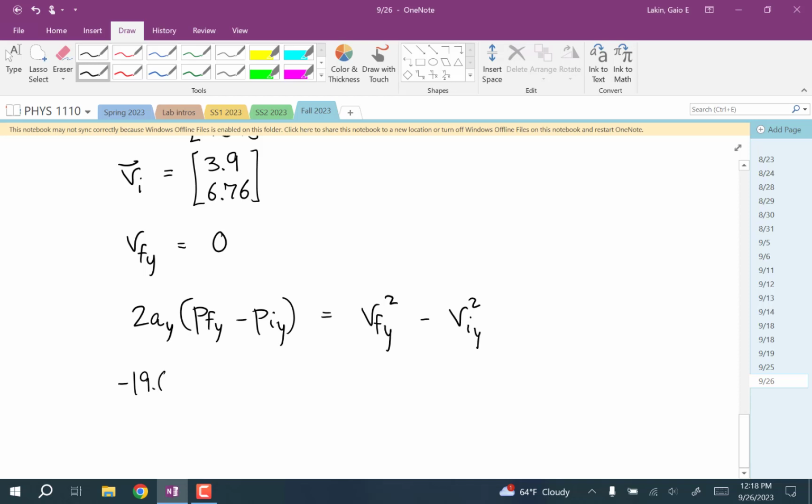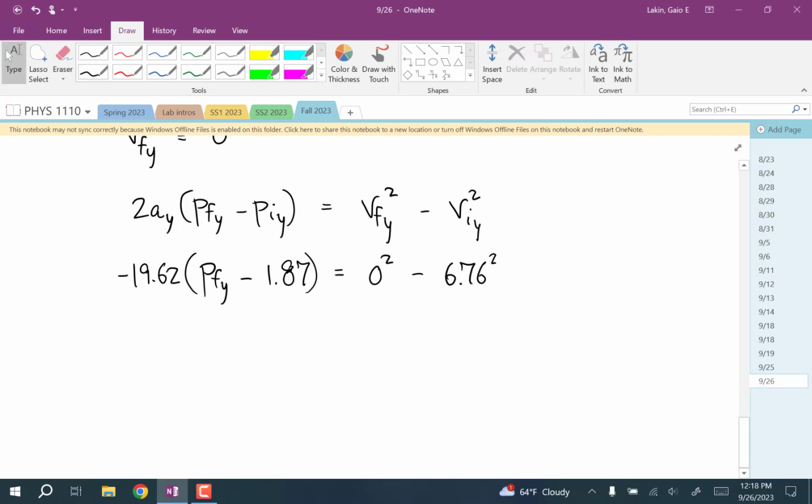So negative 19.62 times the quantity PFY minus 1.87 is equal to 0 squared minus 6.76 squared. So PFY minus 1.87 is equal to negative 6.76 squared divided by negative 19.62. Can someone calculate that for me?